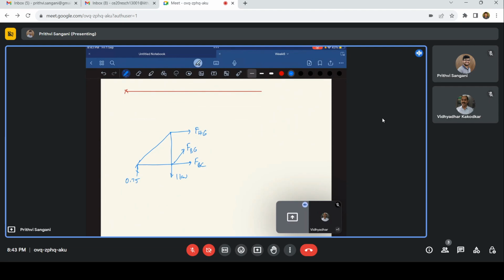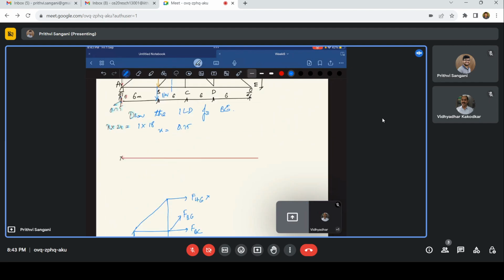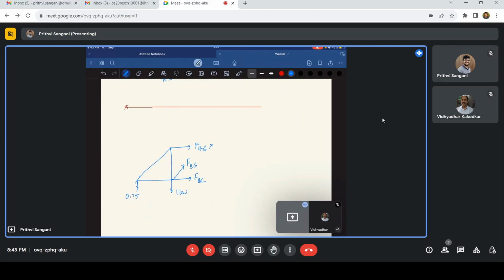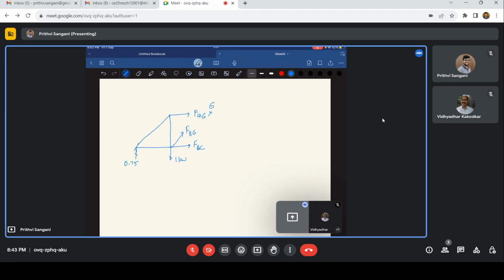So FBG, how can we find this? Let me take the moment about point G as 0 initially. Can I take that? Or no, I'll just take vertical equilibrium. That is quite straightforward.